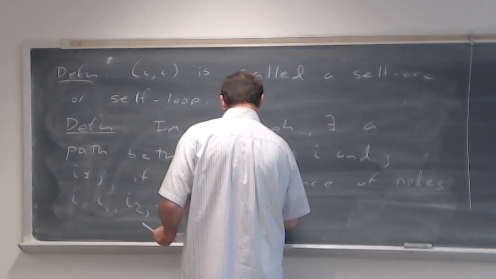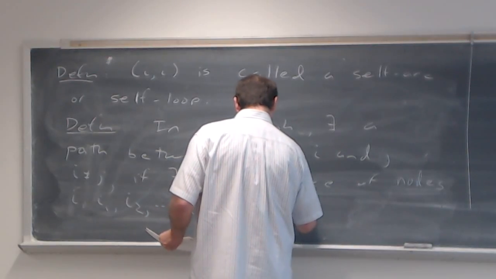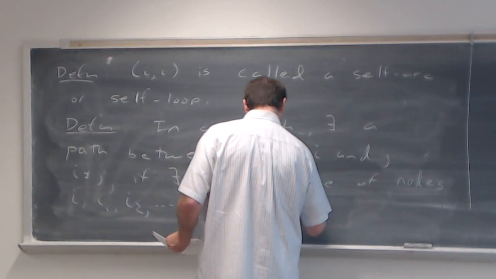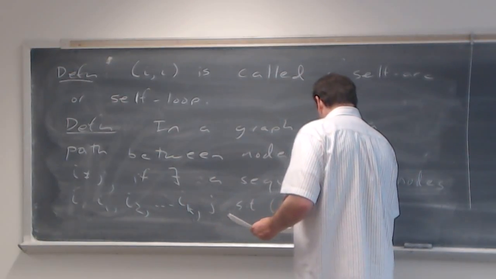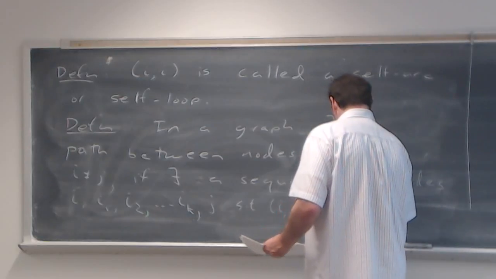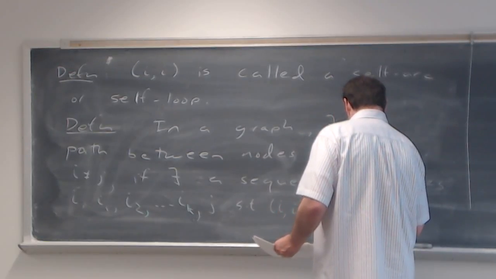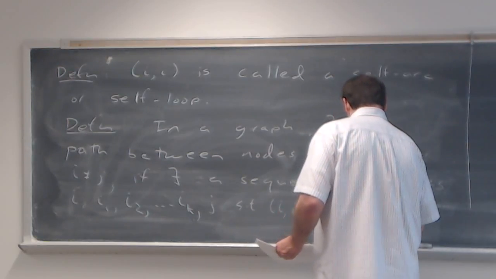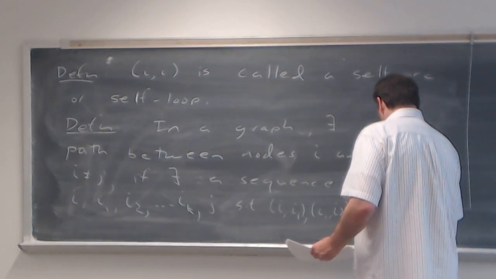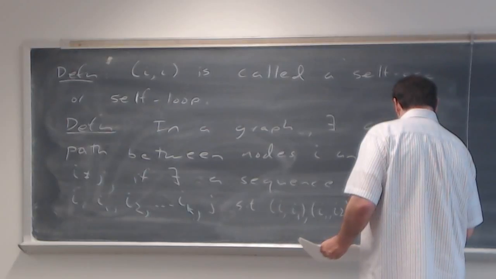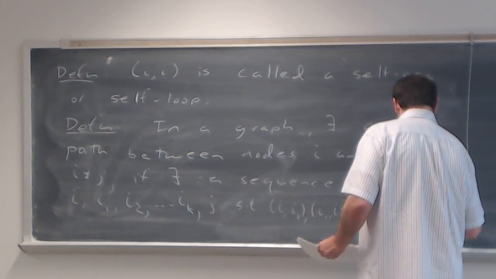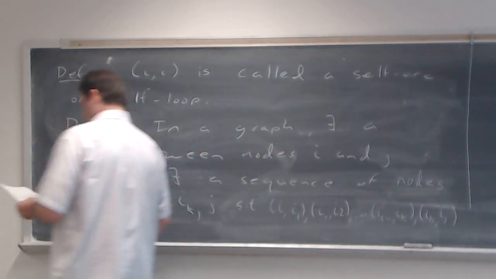such that you can go from I to I sub 1, that's an arc, and then you can go from I sub 1 to I sub 2, and then you can go all the way up to I sub k minus 1 up to I sub k, and then finally you can go from I sub k to J. There's that arc.